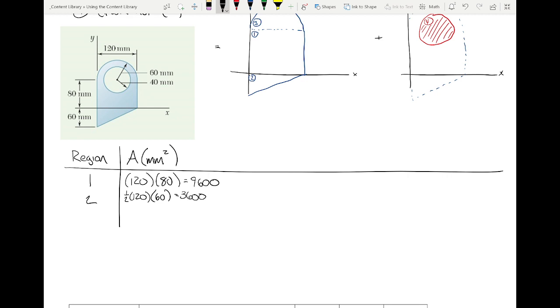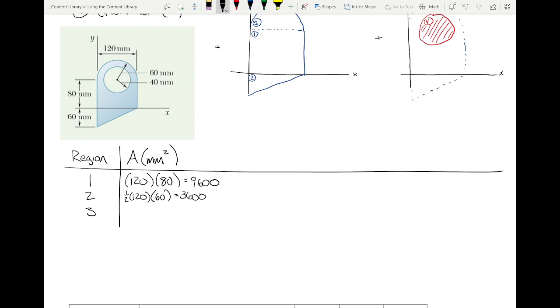All right. How about region 3? Region 3 is this semicircular region. First off, how do I compute the area of a circle? Pi r squared. So maybe the area of a semicircle is pi r squared over 2, right?